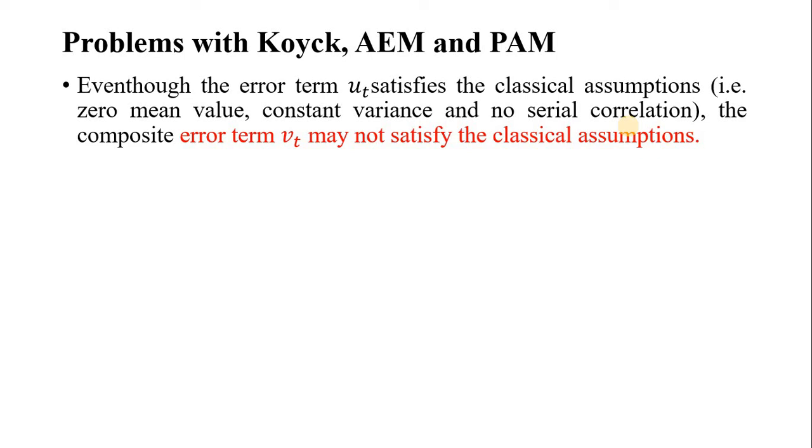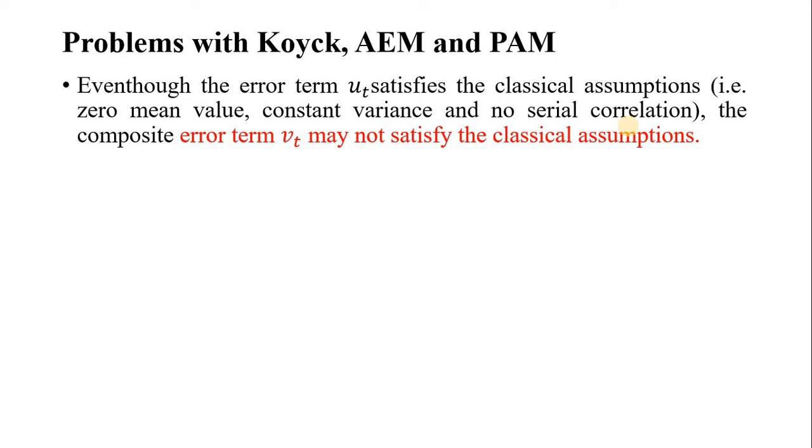if you look at the error terms. Actually, all these models started from an original model. In this original model, the error term was u. But when you convert this model into an AEM, PAM or Koyck model, its error term becomes more complex, more composite.